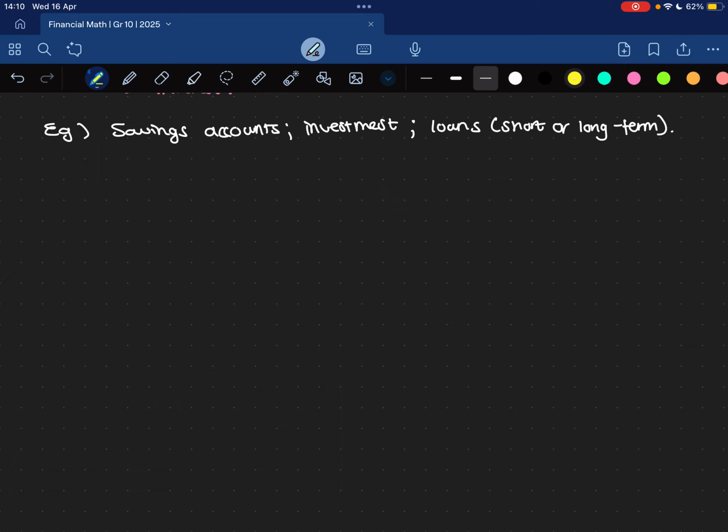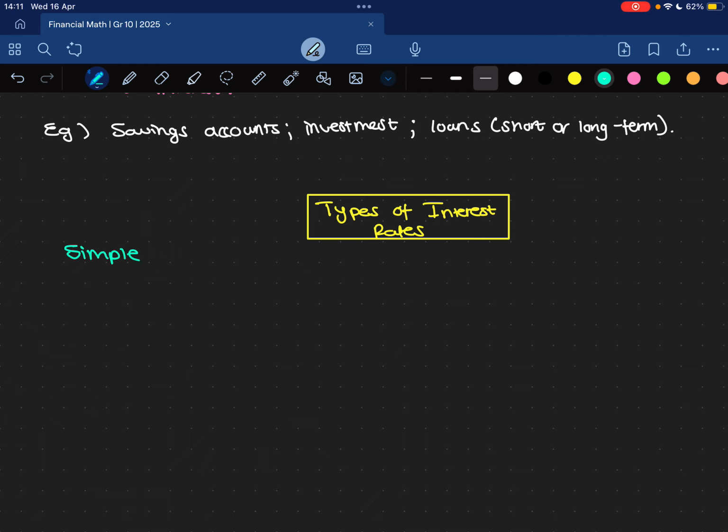Okay, so there are two types of interest. Interest rates. Okay, the first type of interest is what we call simple interest, or SI.